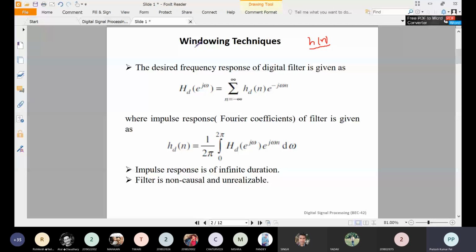That finite sequence will be considered for designing the FIR filter, as the impulse response of the FIR filter.